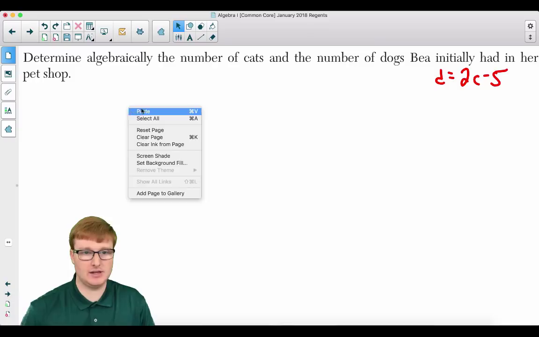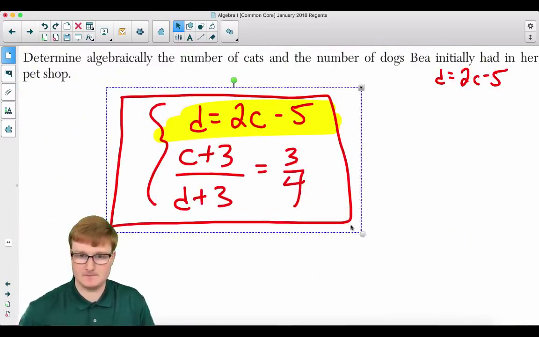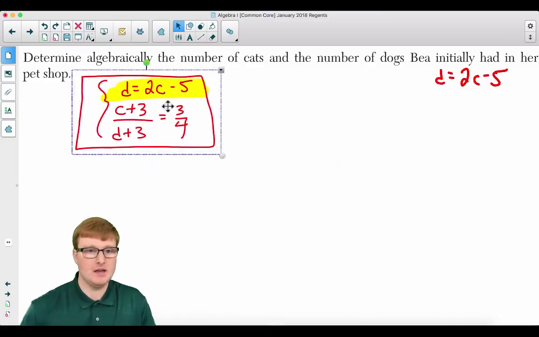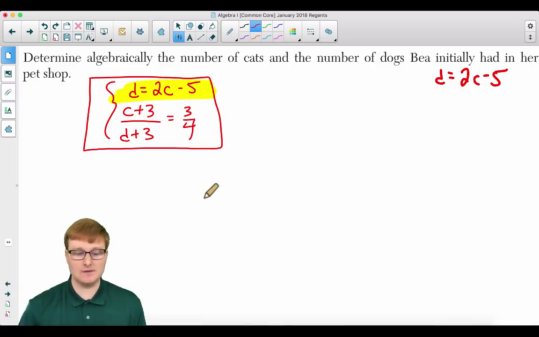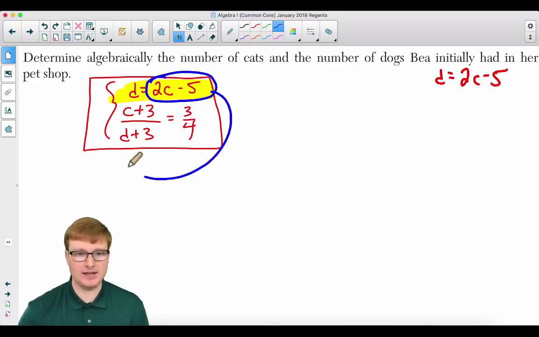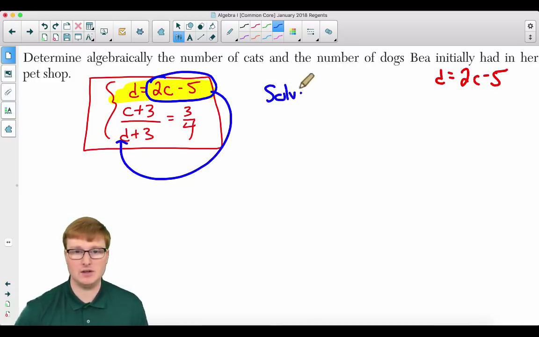Okay, I'm going to paste it over here. So what we're doing is we're finding the initial amount of dogs and cats. Well, we need to solve for both C and D eventually. So we're going to take 2C minus 5, plug it in for D, and solve for the number of cats first.